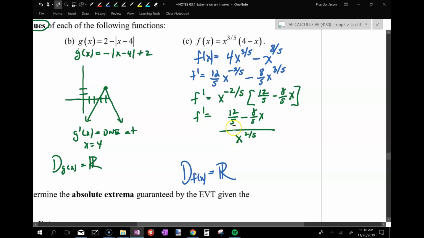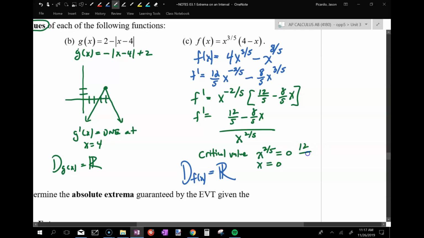Well, the derivative doesn't exist when this equals 0, right? What value makes this equal to 0? 0, yeah. So I know that I'm going to have a critical value at x to the 2/5 equals 0, so that's 0.